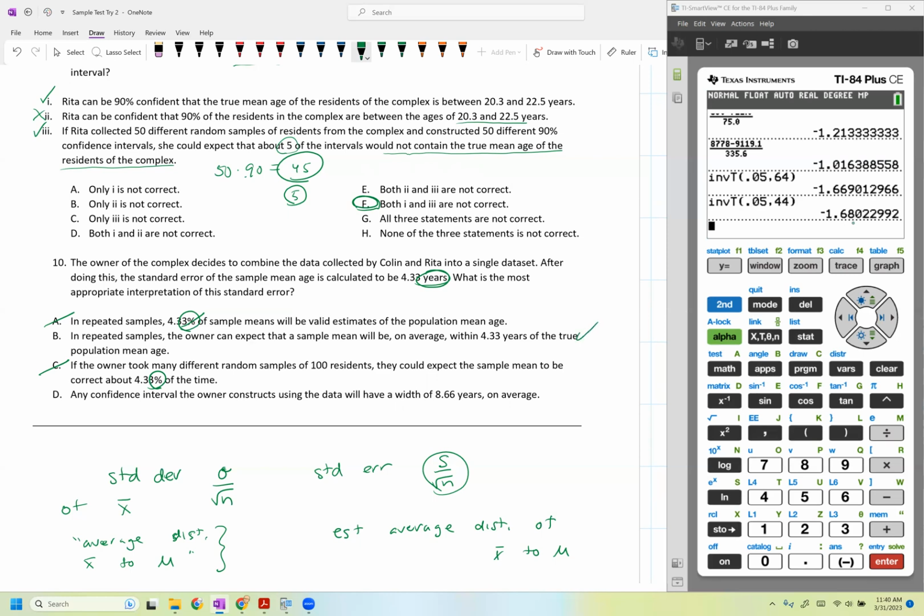And that looks pretty good because it talks about the average distance within. So B looks like the right answer. And then this one where they're doubling it is probably inappropriate because depending on the confidence level, you're going to multiply by 2 or a little bit more or a little bit less. So the correct answer there is B.